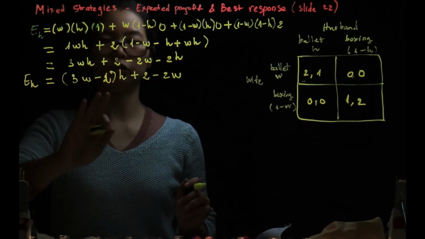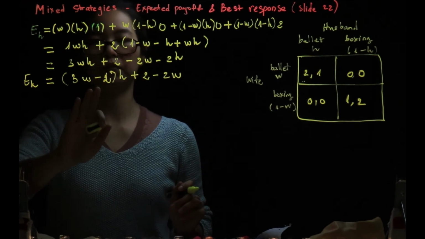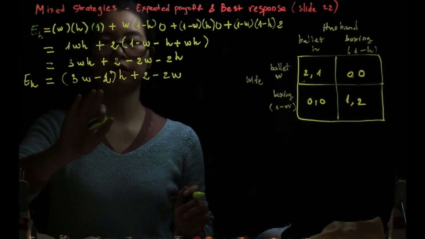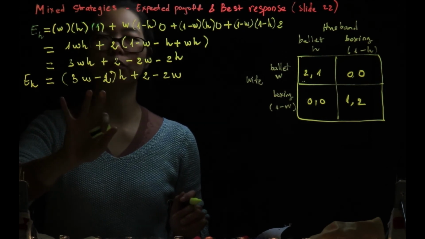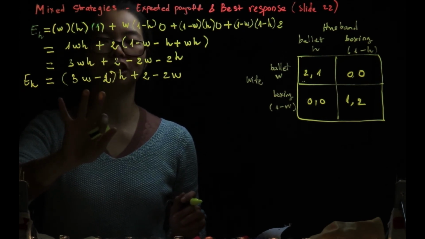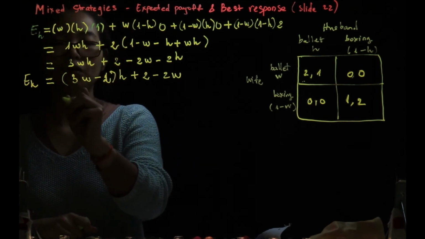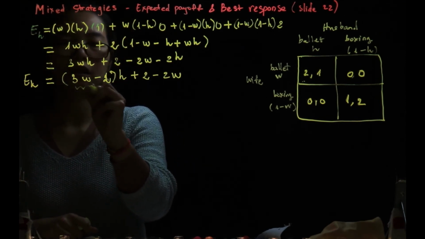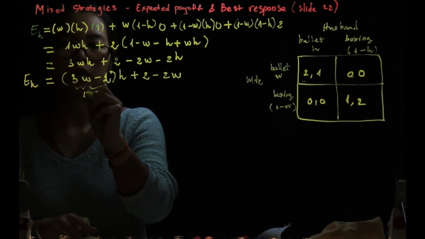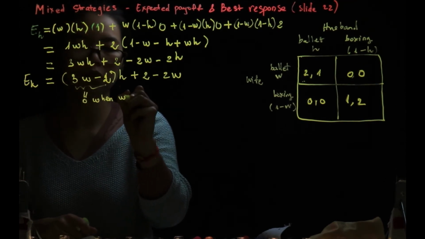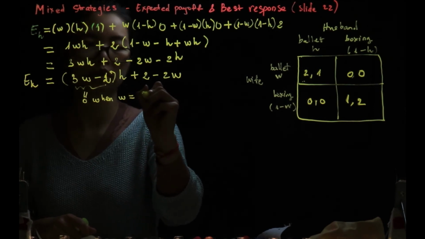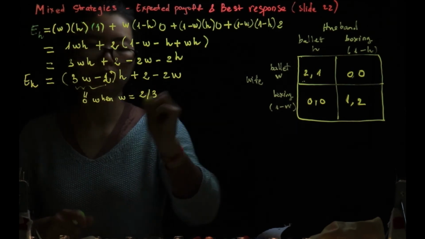For him to choose the best response, as before, we only focus on the thing inside the bracket, because it's the slope of his best response function, right? So this term will be 0 when W equals 2/3, right?